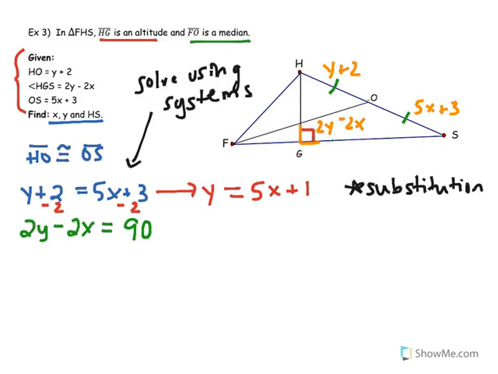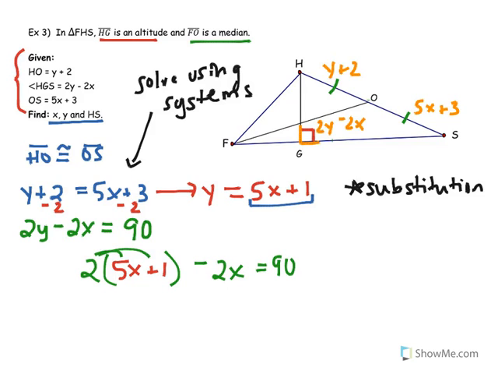Okay, so I'm going to take this y equals 5x plus 1 and plug it in for y in my other equation. So I get 2 times (5x plus 1) minus 2x equals 90, and I solve.